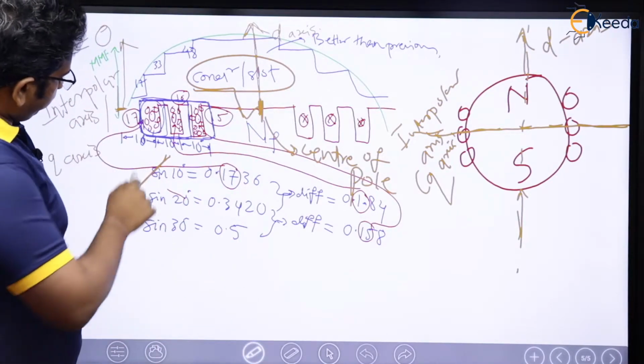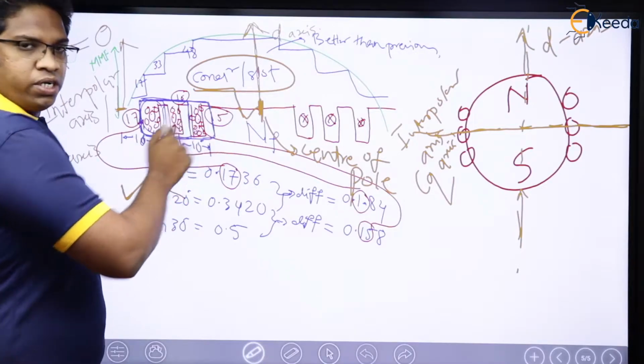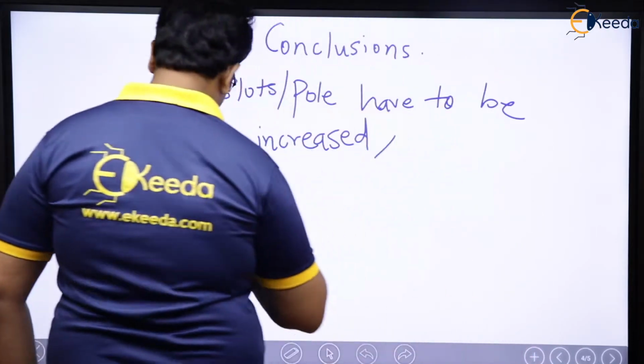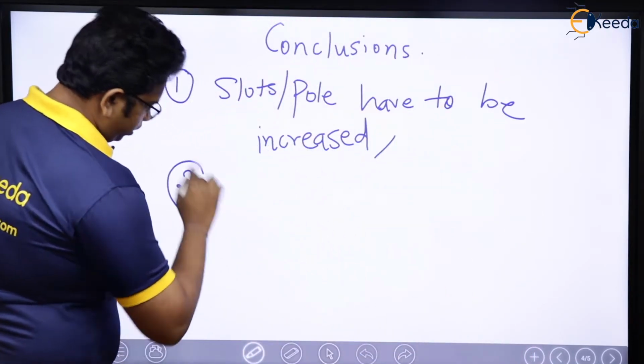Now here you had 17 conductors, here you have 16, here you have 15. So let me just add it. Second one.